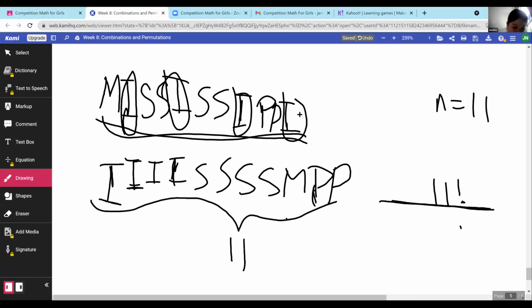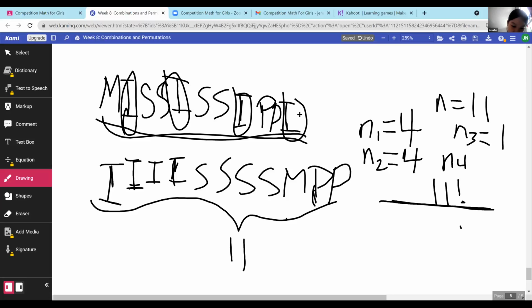Then for the denominator, let's say n1 is the number of I's, n2 is the number of S's, n3 is the number of M's, and n4 is the number of P's. And then you have to make this denominator.